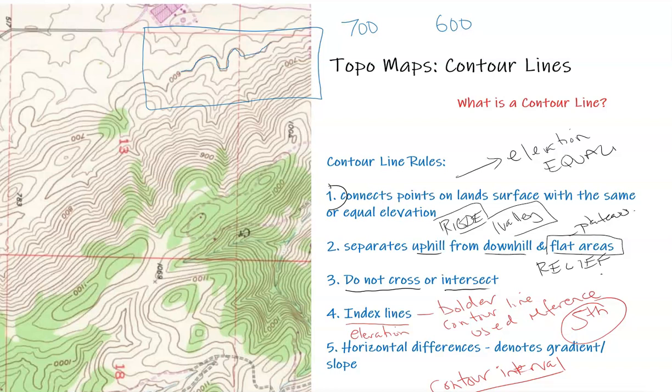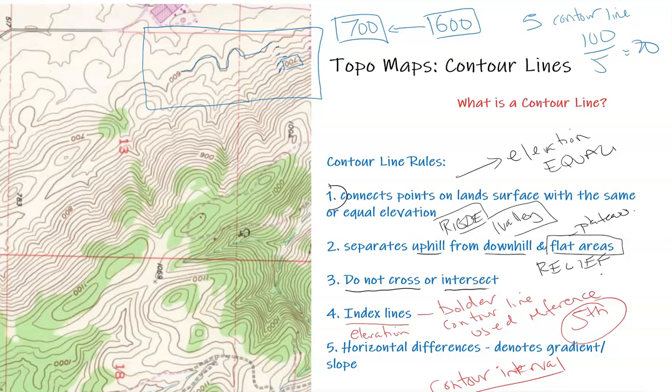Starting from 600, you get 1, 2, 3, 4 contour lines, and the 5th one is 700. So again, we've got 5 contour lines between 600 and 700. That difference is 100, divided by 5 again equals 20.